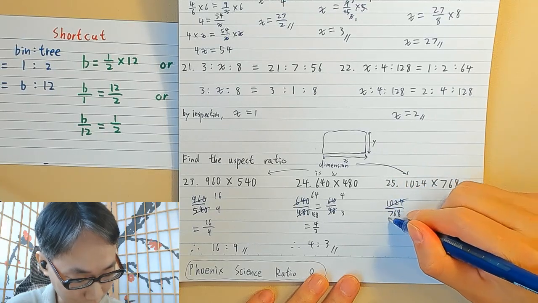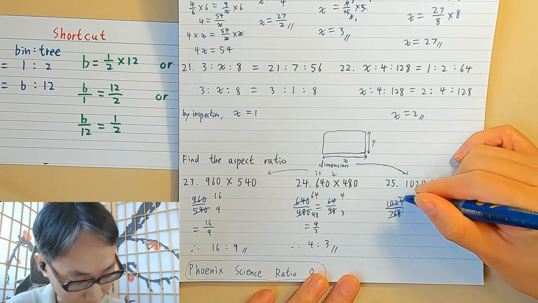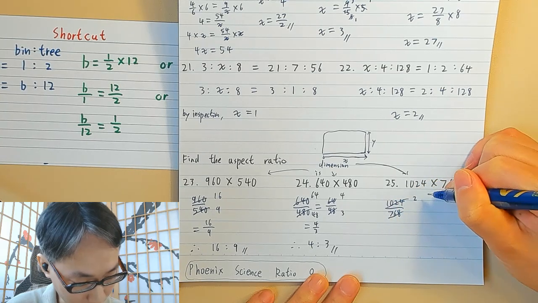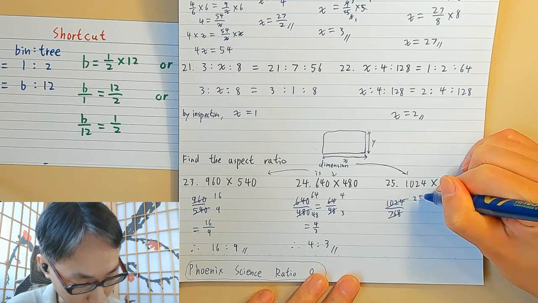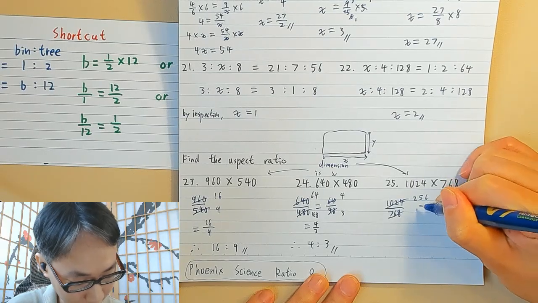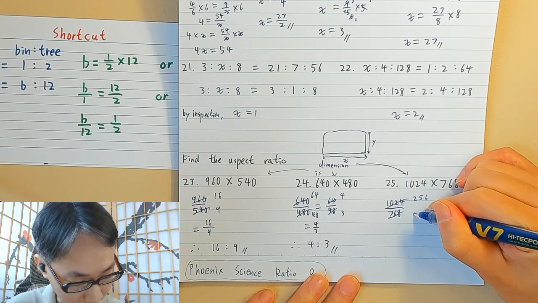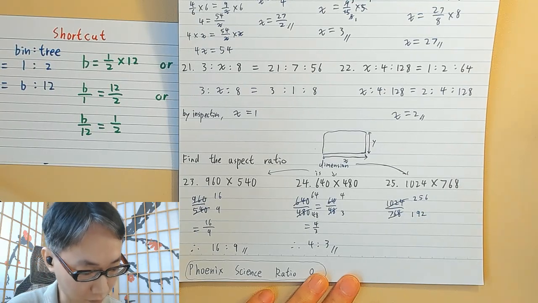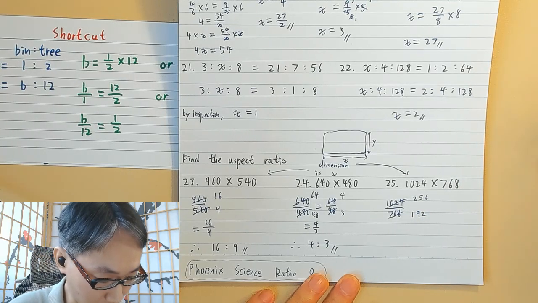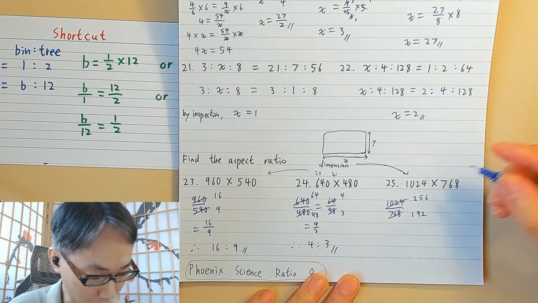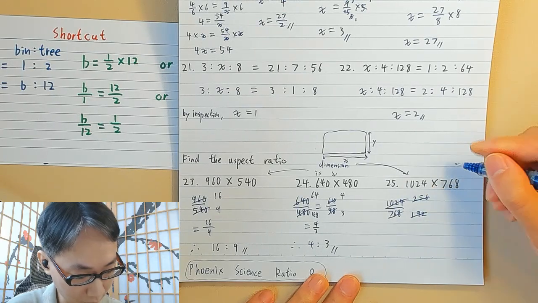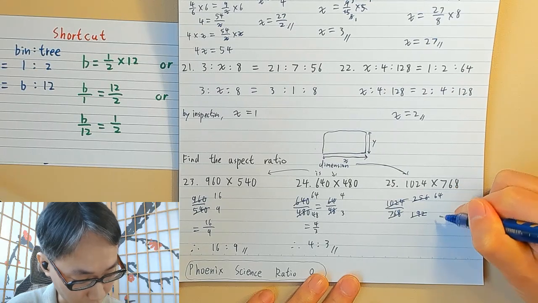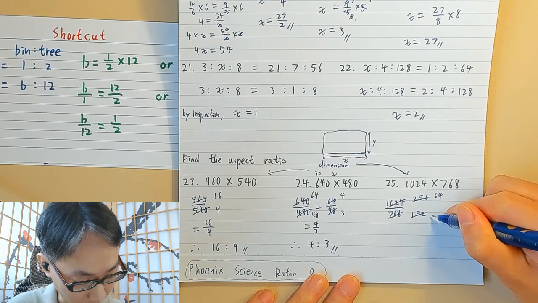So this divided by 4 is 256, this divided by 4 is 192. Can we keep dividing by 4? Yes, we can. So let's divide by 4 again. 64, divide by 4.